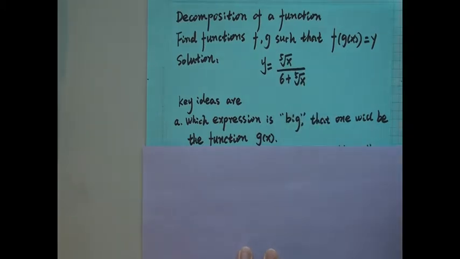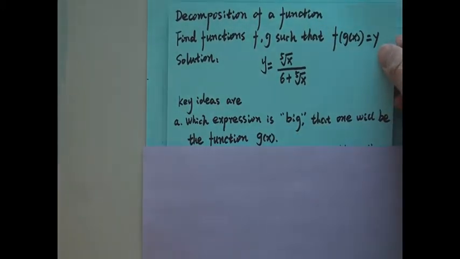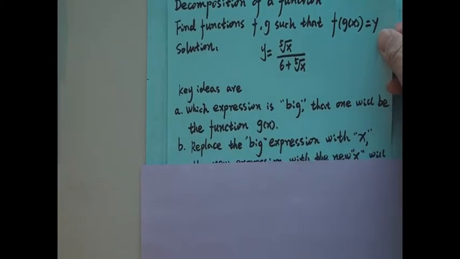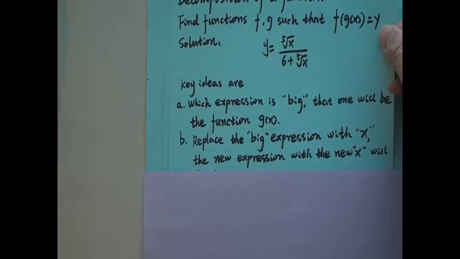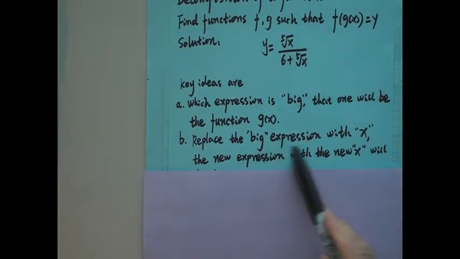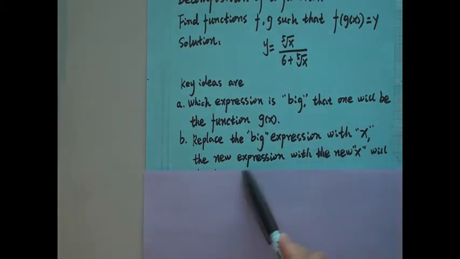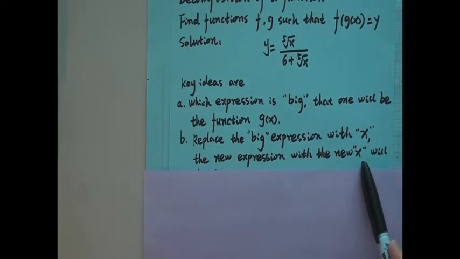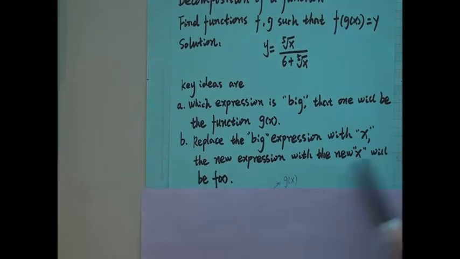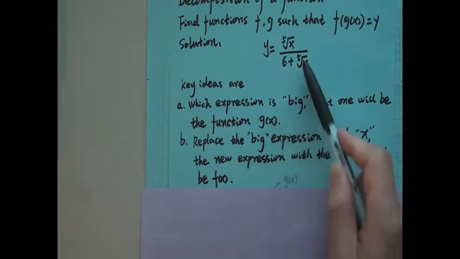That's one thing. And then step 2 is that you want to replace the big expression with x. Then the new expression with the new x will be f of x. Okay? So you find out g of x first.